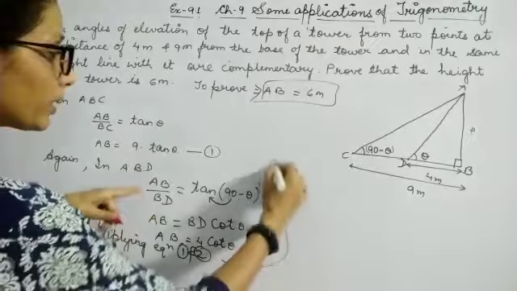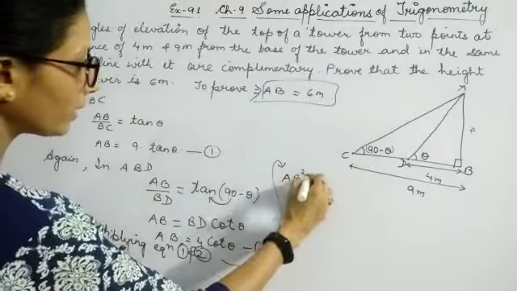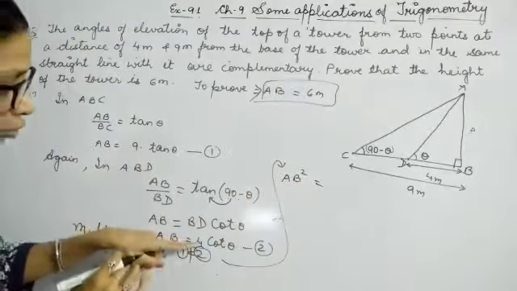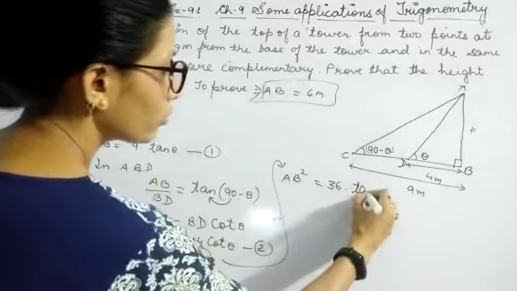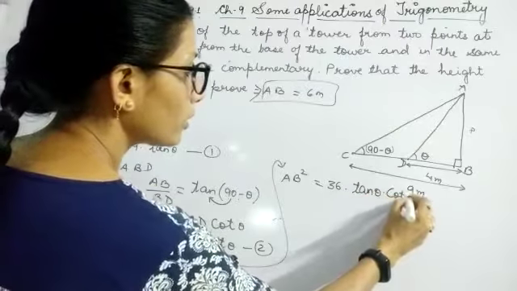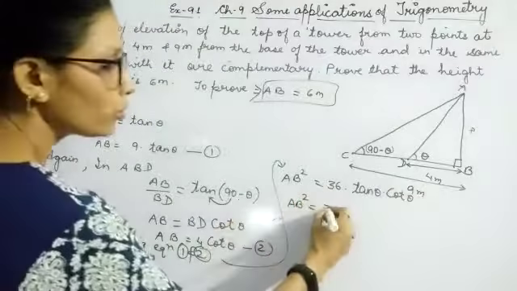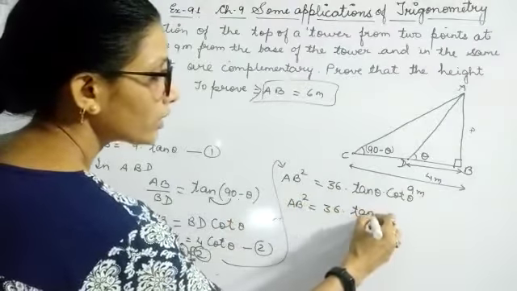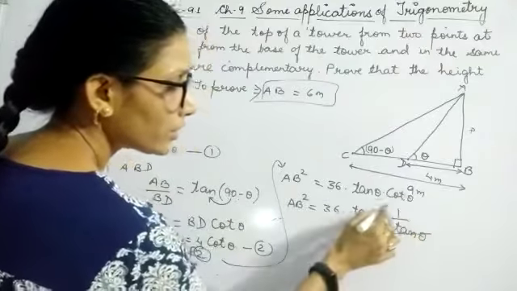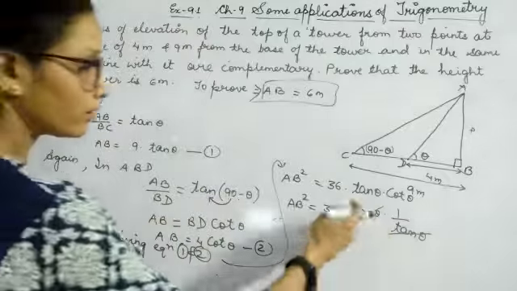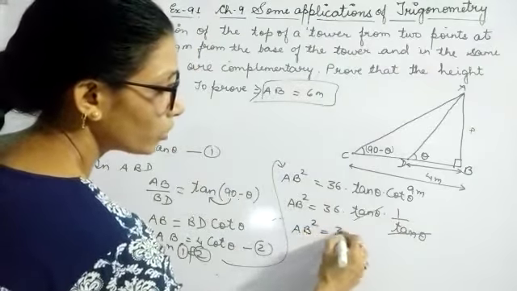So on multiplication, I will be getting AB into AB, which is your AB square, equal to 9 into 4, which is 36, tan theta into cot theta. Now from your trigonometric knowledge, you know that your cot theta can be written as 1 by tan theta, and here this tan theta and tan theta can cancel each other, and here I am getting it as AB square equal to 36.